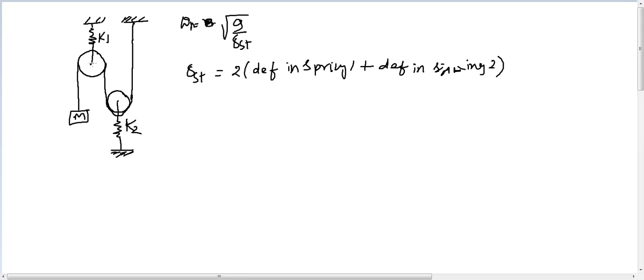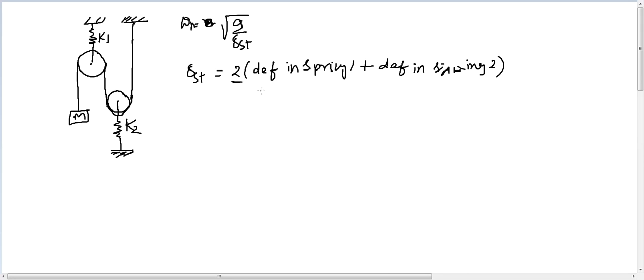Similarly, this point came down, let us say, by x, so the total rope that is lacking due to the downward movement of this x is 2x. So actually the deflections here will be multiplied by this factor 2.